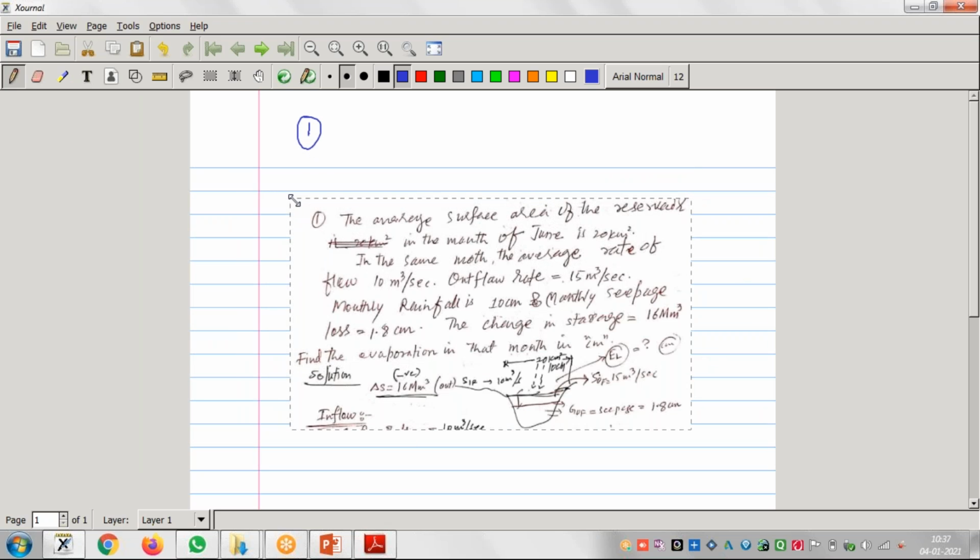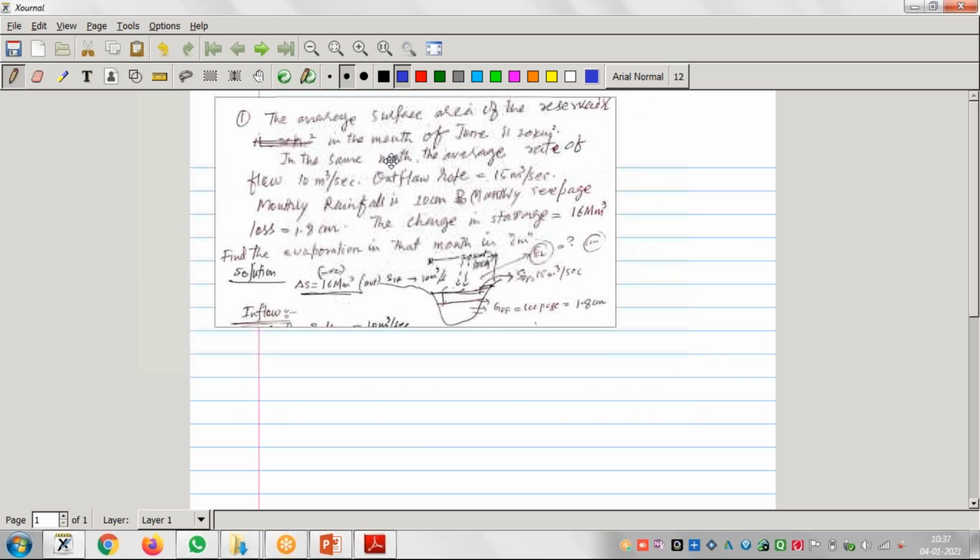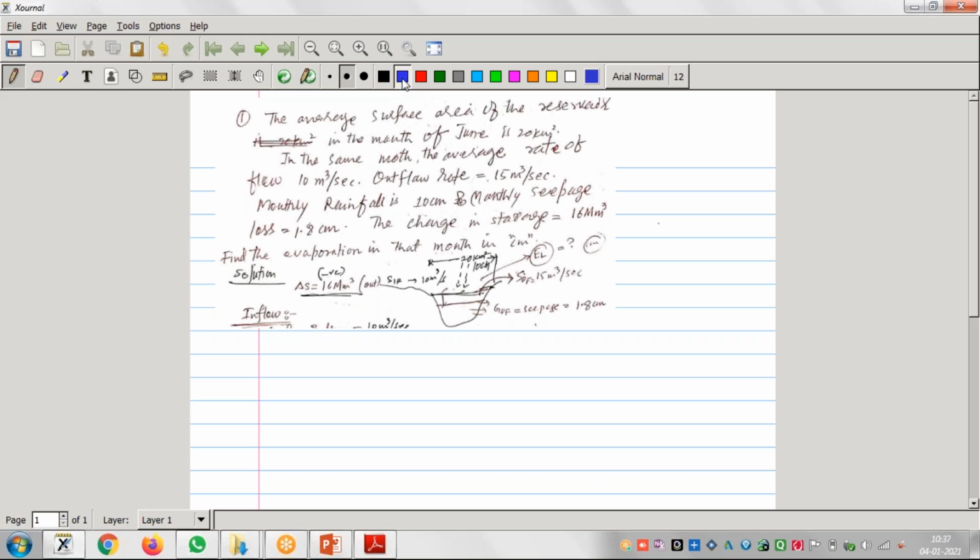I will read the problem and then we will solve this problem, right? So here, see, the question is given that the average surface area of the reservoir in the month of June is 20 kilometer square, means that some water body is there and its area is 20 kilometer square in the month of June.